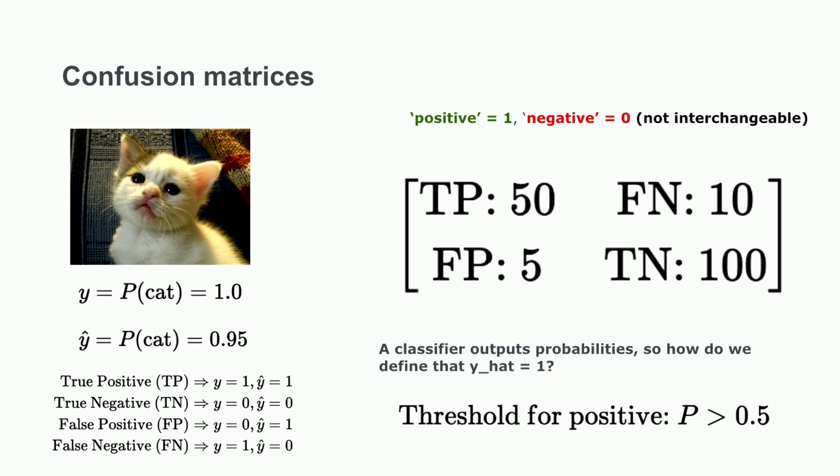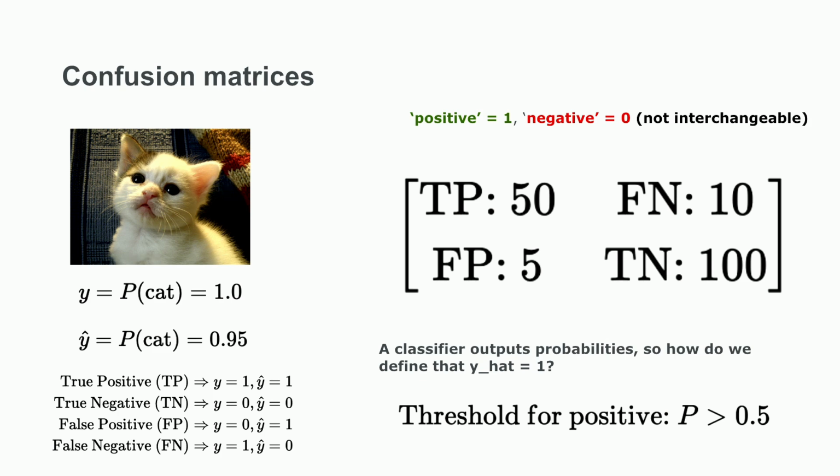And then the other two cases where we're making mistakes, the false negatives. A false negative is when we're saying that the image is not a CAT, but is actually a CAT. And a false positive is when we're saying that the image is a CAT, but is actually not a CAT in the ground truth. So this matrix will have the counts for a bunch of test cases.